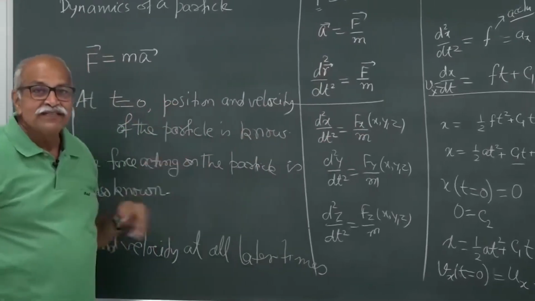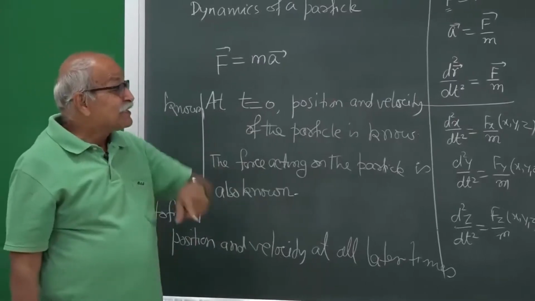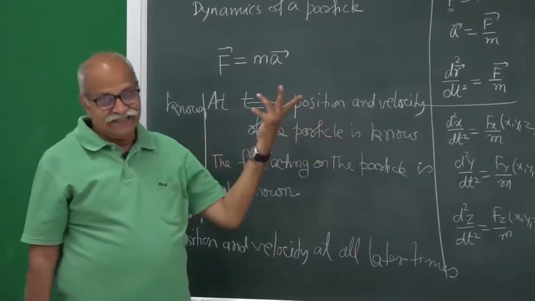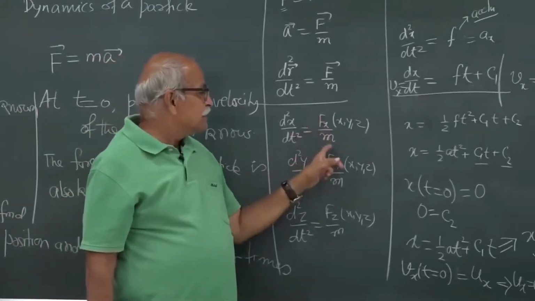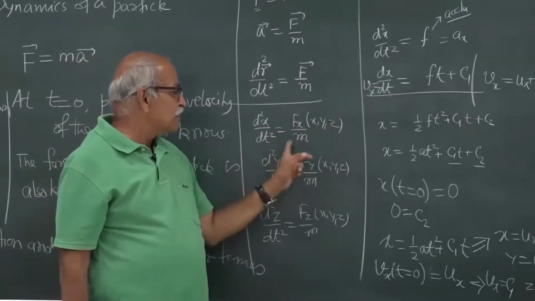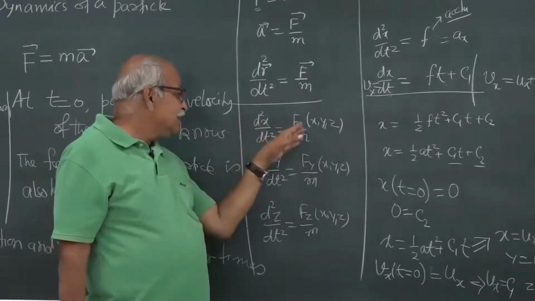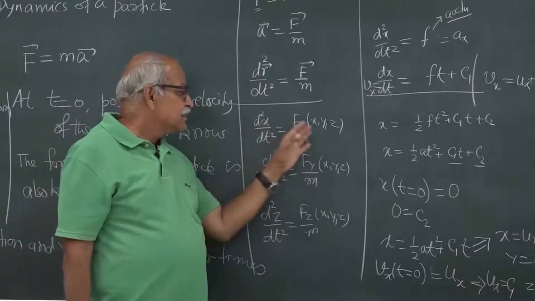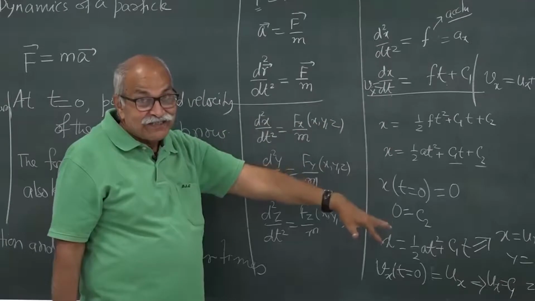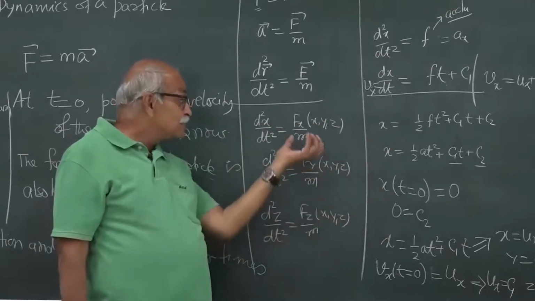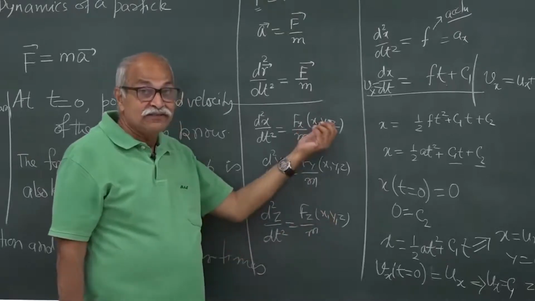So, in principle the task is over, right, if it is constant. If it is not constant, then there are techniques. If you have this kind of equation, but then this depends on x or it depends on y, it depends on z or it depends on time, then you have techniques of integration, and from there you will rederive the corresponding equations which will depend on how this fx, fy, fz are depending on x, y, z or time.